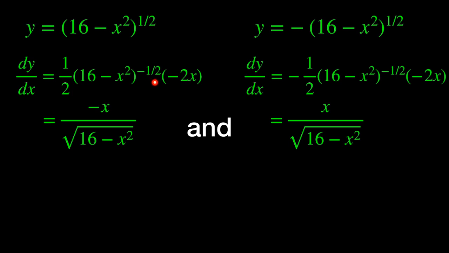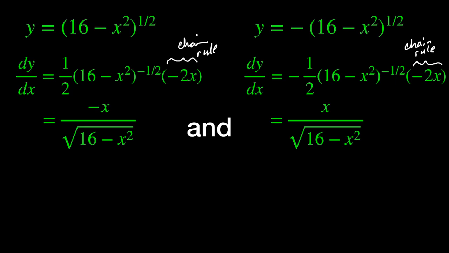But then don't forget to multiply by the derivative of the inside part here, which is negative 2x. That is our chain rule part of this. And we did the same thing over here, so this also has chain rule involved.